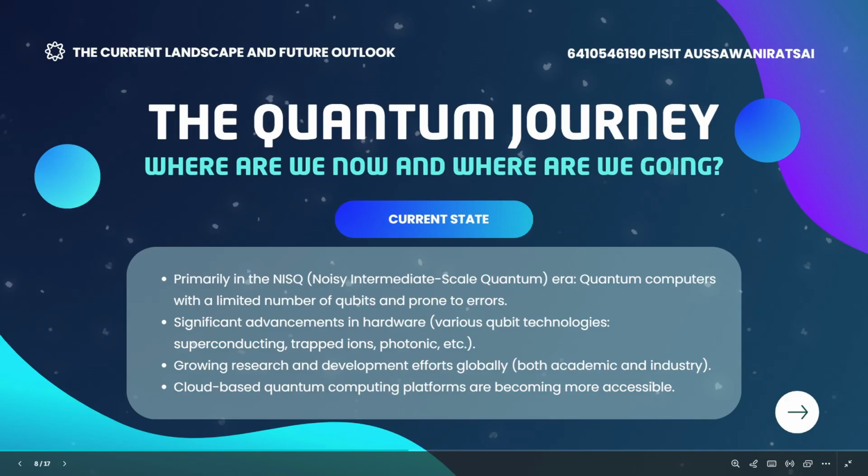Before we dive into specific applications, let's take a moment to understand the current landscape and future outlook of quantum computing. We are currently in what is often referred to as the NISQ era, which stands for Noisy Intermediate-Scale Quantum. This means that while we have working quantum computers, they have a limited number of qubits, and these qubits are still prone to errors.